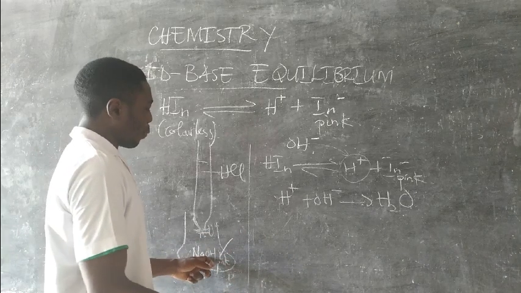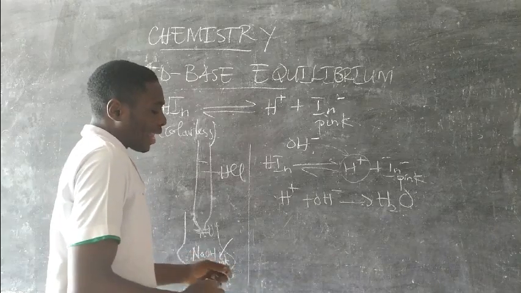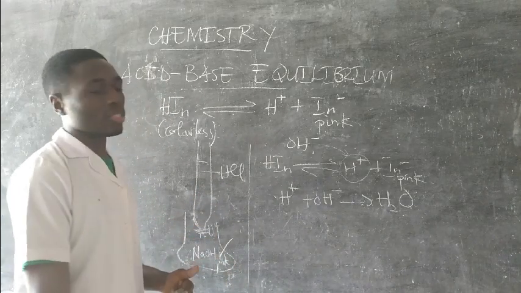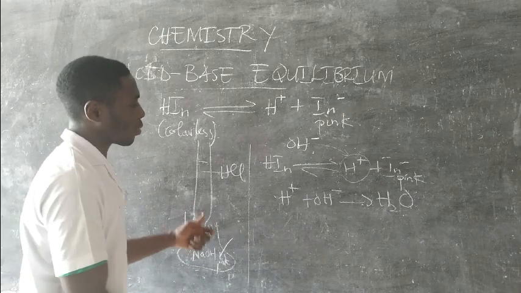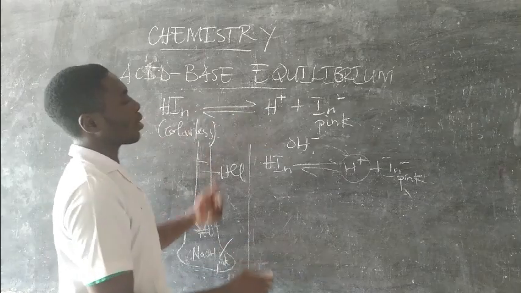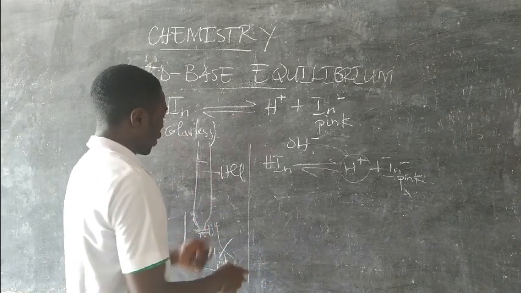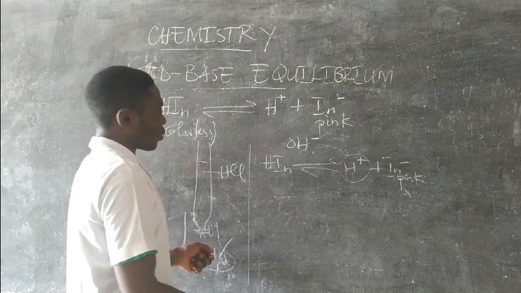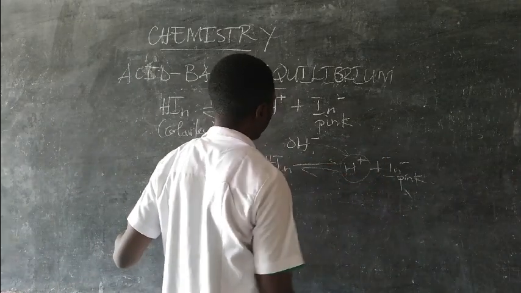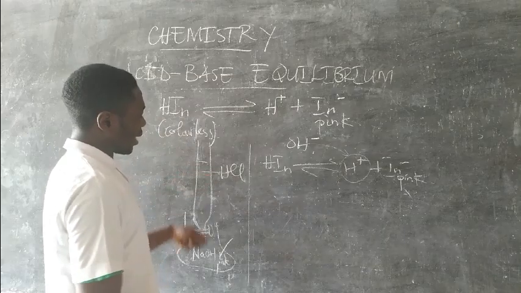So after the equivalence point, an extra drop of H plus is going to be added. That extra drop of H plus is going to favor the backward reaction, according to Le Chatelier's principle. Remember, phenolphthalein is a weak acid, and these molecules here are not too many, and the HCl which is added here is a strong acid.